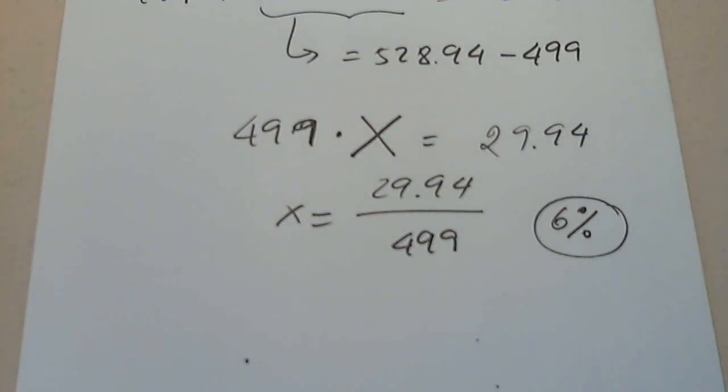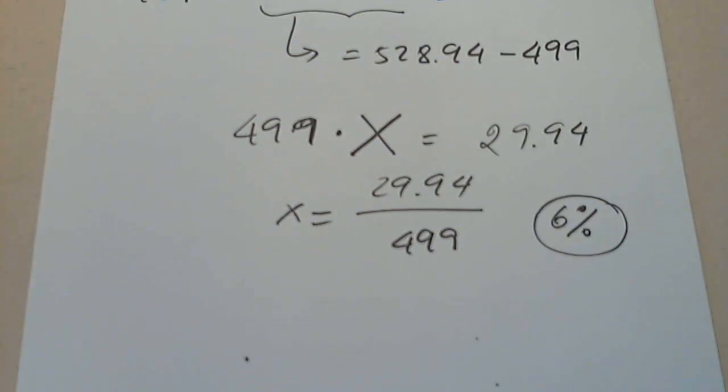Okay? Sales, commission, amount of commission. What will you do? Sales, commission, amount of commission. 9,000 times 0.03. Exactly.